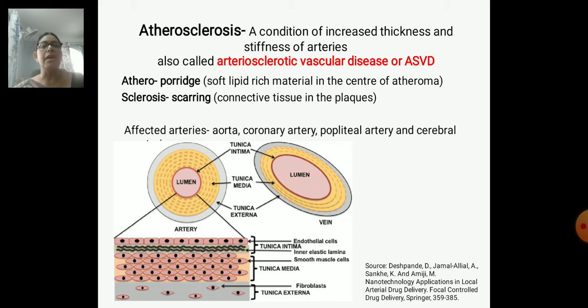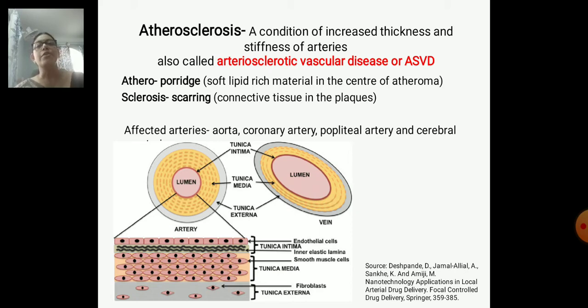Why are we so concerned about this atherosclerosis? We are concerned because we know that blood vessels carry blood, which is circulated into our entire body. If the total amount of blood is reduced, that means oxygen to a particular organ is reduced, and when the supply of oxygen is reduced to a particular organ, we call that an ischemic condition, ischemia.